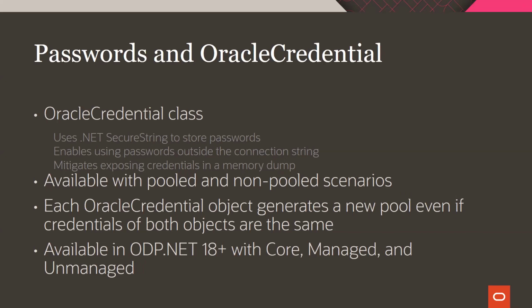But if you have two Oracle Credential objects with the exact same properties, they will each independently create a new pool, even though they may have the same connection string. That's because each Oracle Credential object is considered unique.